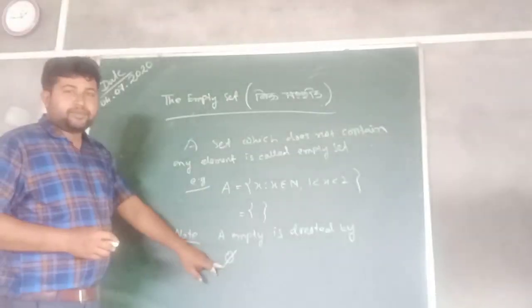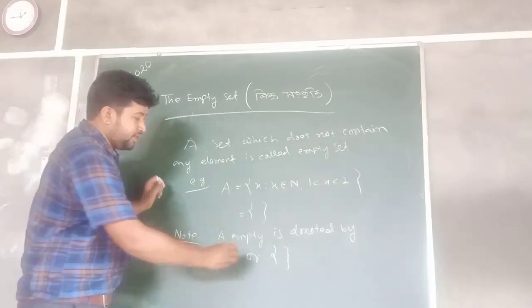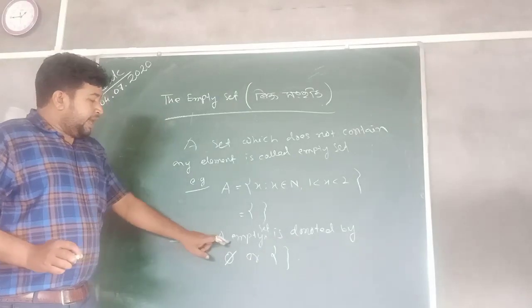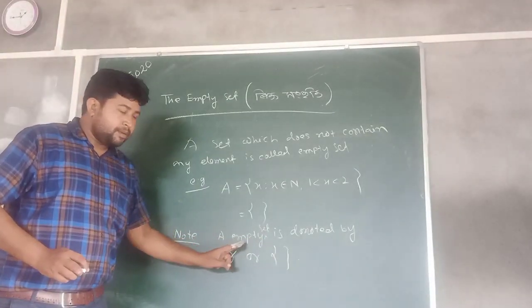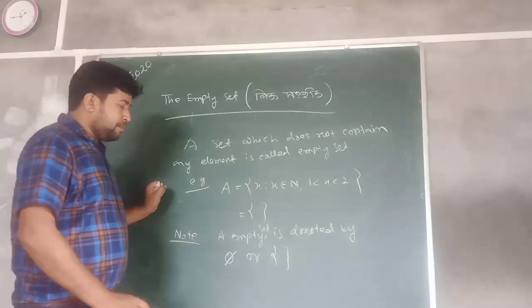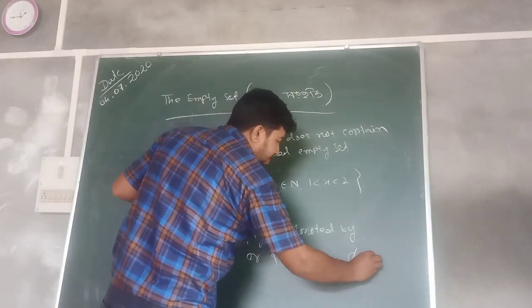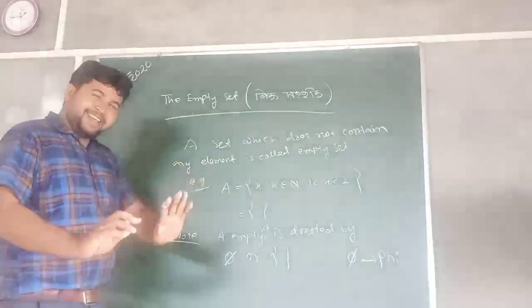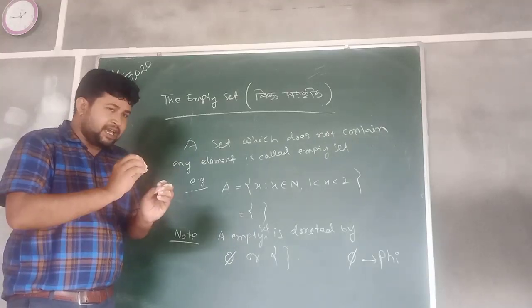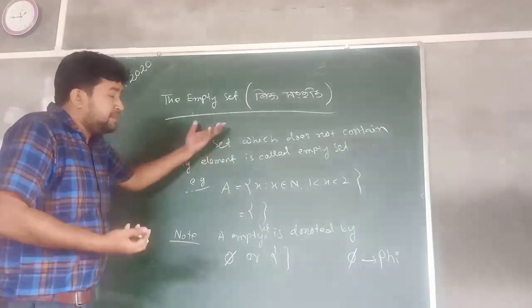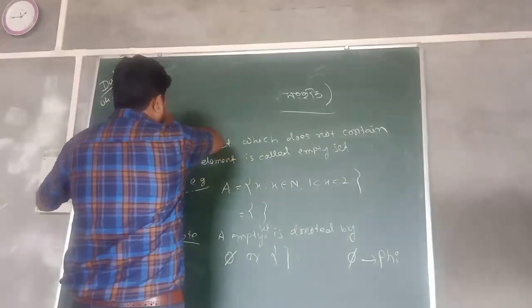This is called phi, or curly brackets. An empty set is denoted by phi or curly brackets. Phi is nothing, just a symbol, and mathematicians use this symbol for the empty set.